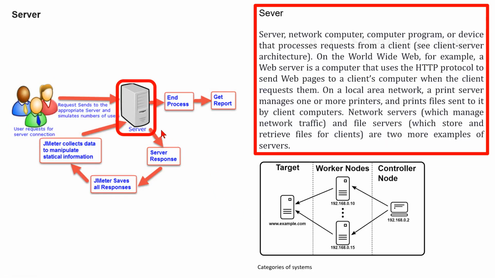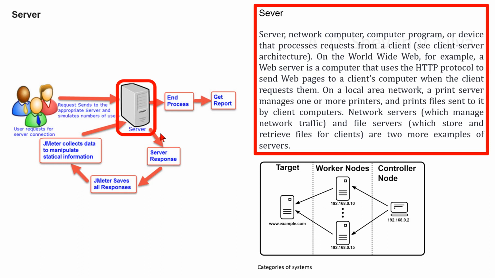Now we are focusing on the server: a network computer, program, or device that processes requests from a client. You can refer to client server architecture also. In the World Wide Web, for example, a web server is a computer that uses the HTTP protocol to send web pages to a client's computer when the client requests them.